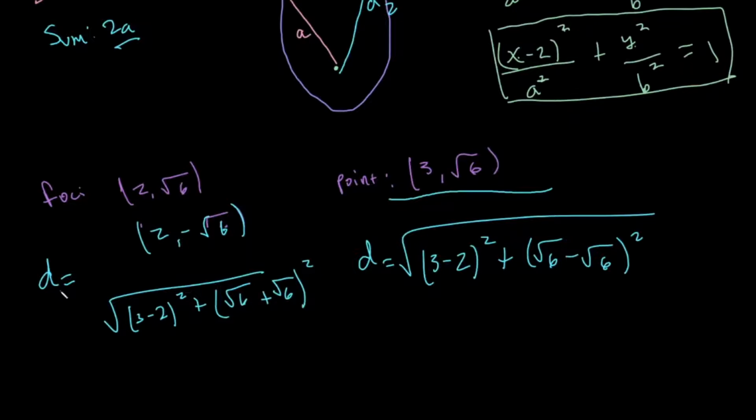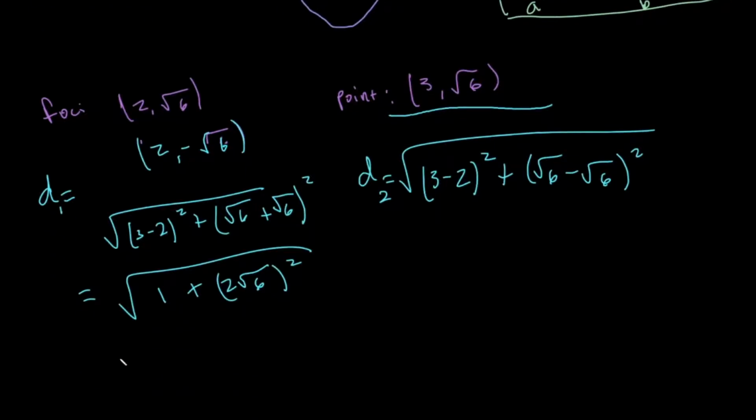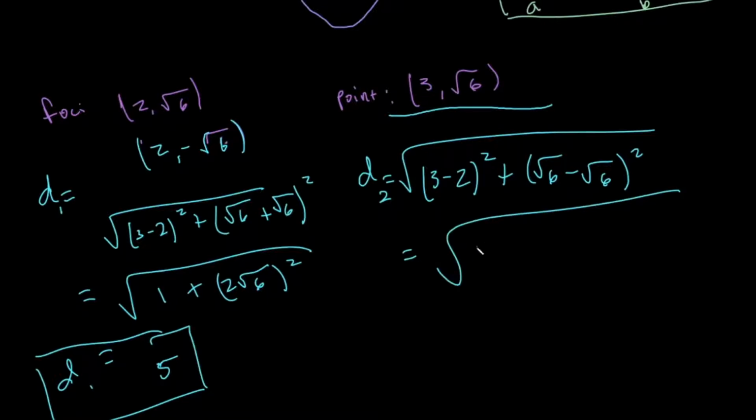So I need to sum these two distances. So here I get square root, isn't that 1 plus 2 root 6 squared? 2 root 6 squared will be 24. So root 1 plus 24, we get 5 for this distance. And here we get 3 minus 2 squared is root 1 plus 0 squared, root 1 is 1.